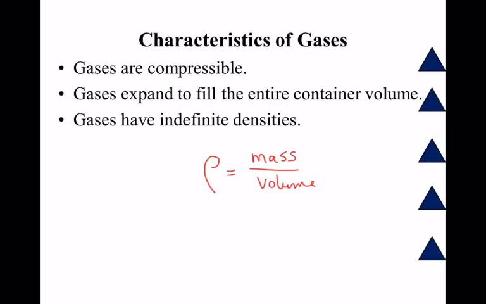And to me, the fact that gases are compressible, i.e. changing volume, means if you can change the volume, then you're changing the density. Like on the figure we looked at a minute ago, if you can squish it down, you made it more dense. Okay, what's the next one?